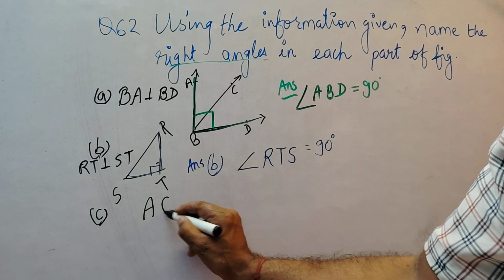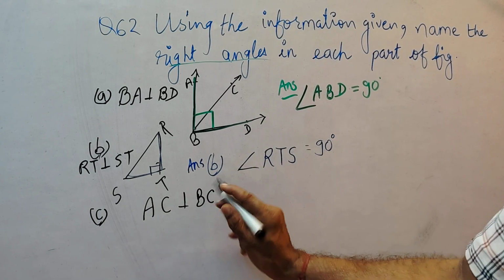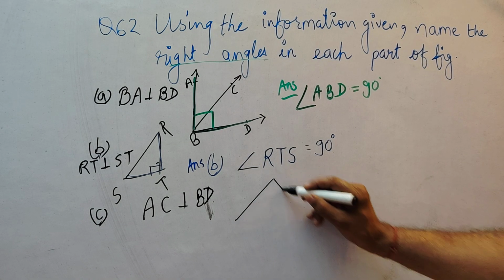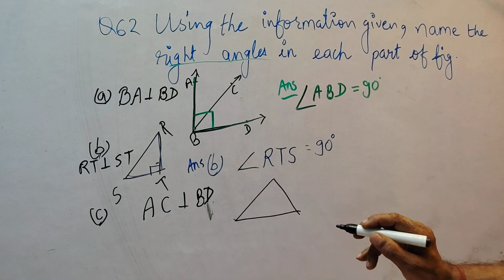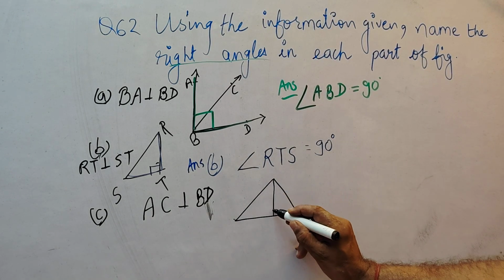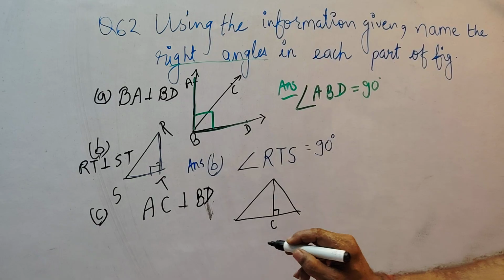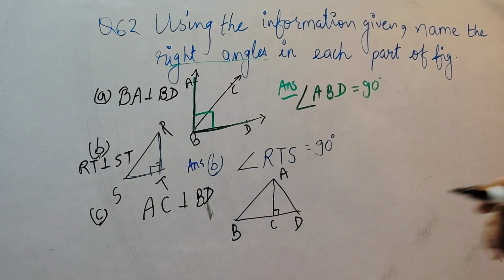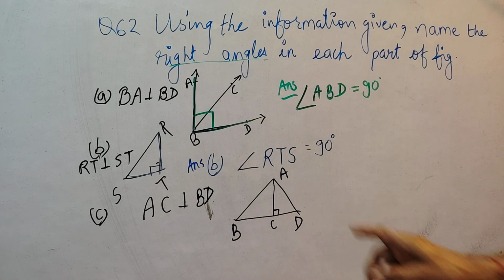AC perpendicular to BD. And the figure is given. So what is the name of the right angle in this figure, in the C part?